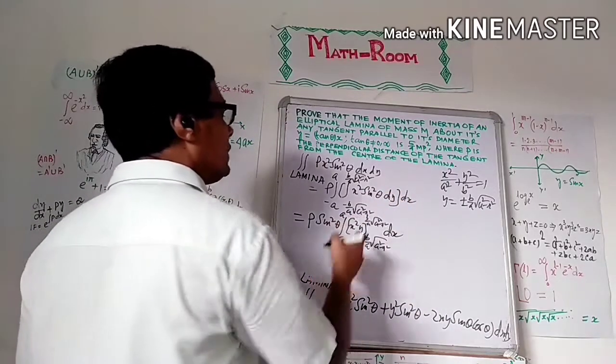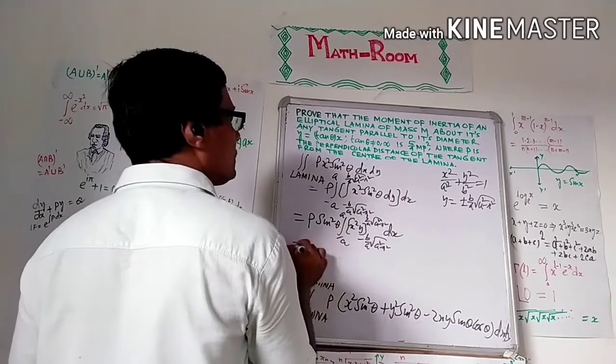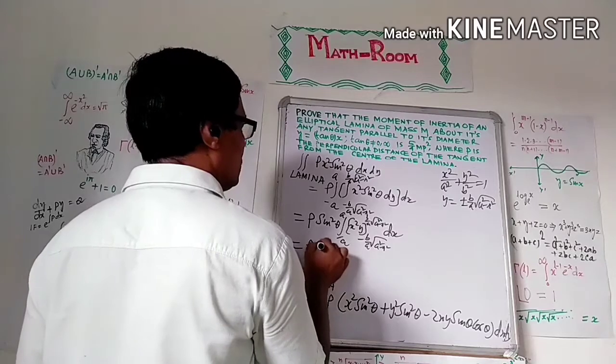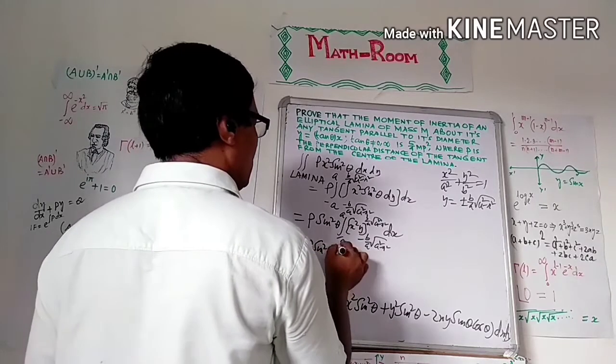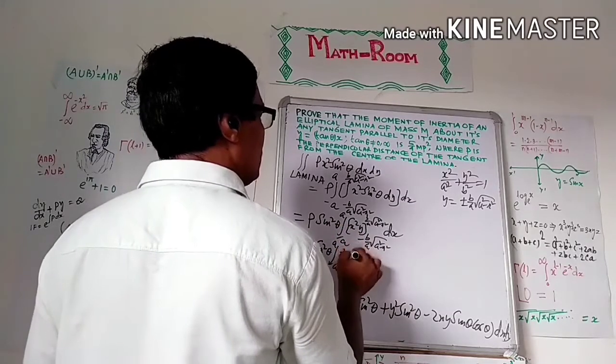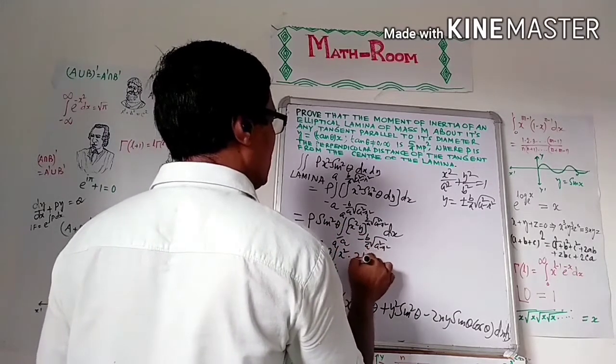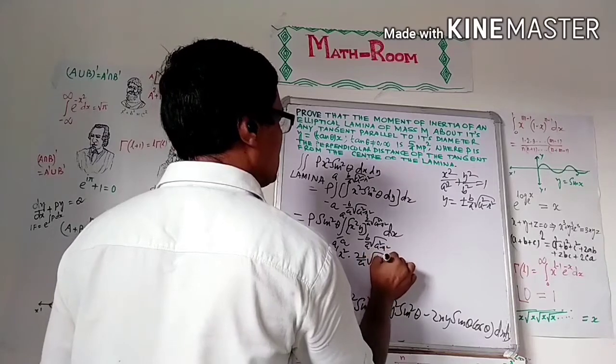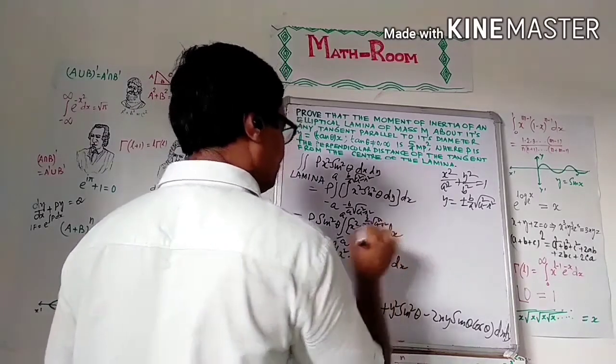If we put the limit of y in this term, we get rho sin square theta integral from minus a to plus a of x square into 2b by a root of a square minus x square dx.